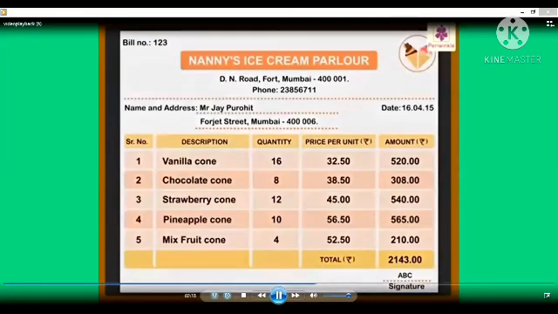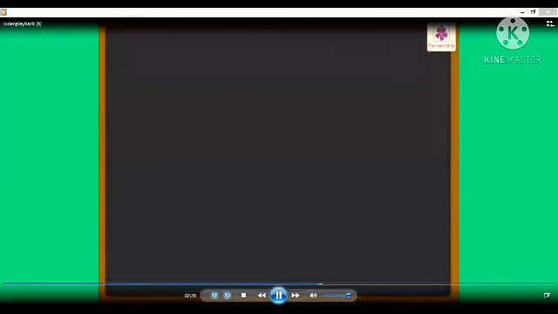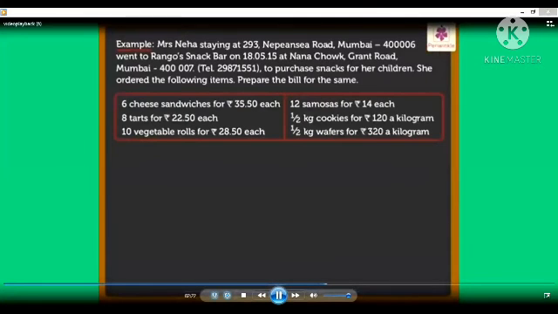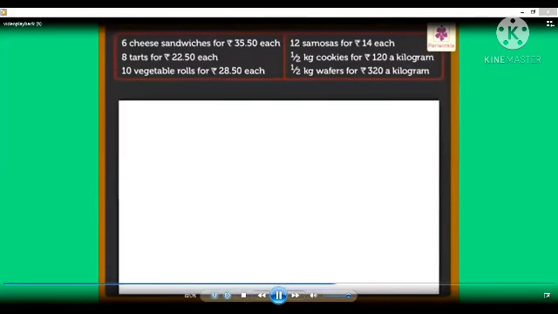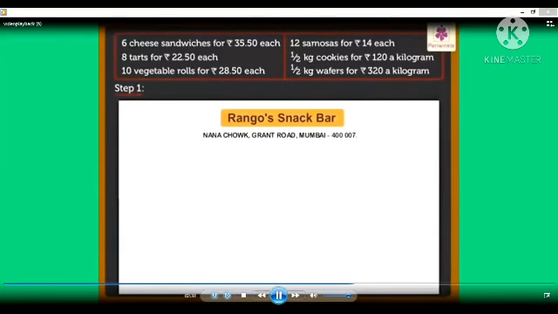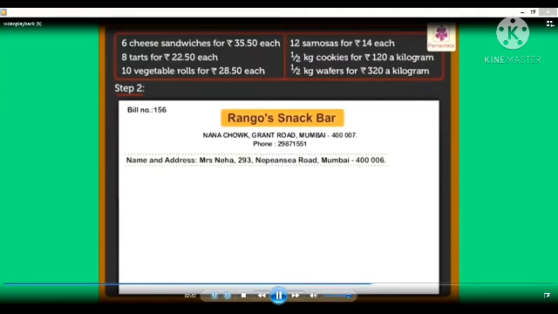Now, let us learn how to prepare a bill from the given information. Let us systematically prepare the bill. Step 1. Write the service provider's name, address, telephone number, and a bill number. Step 2. Name and address of the customer.